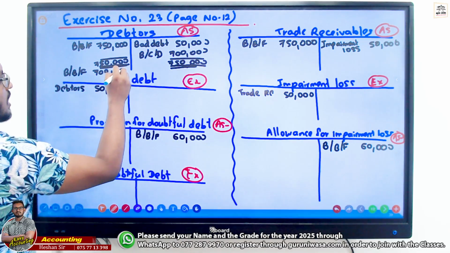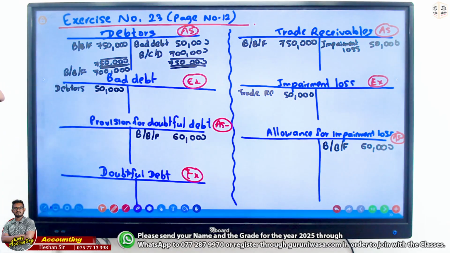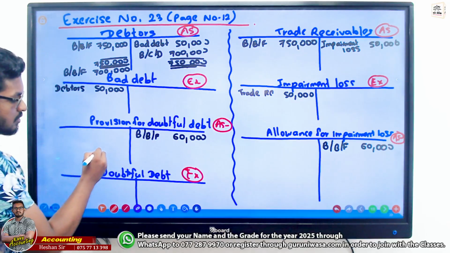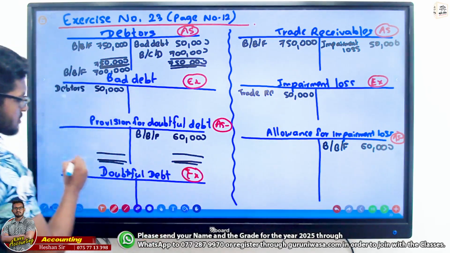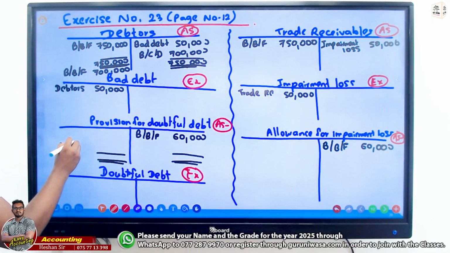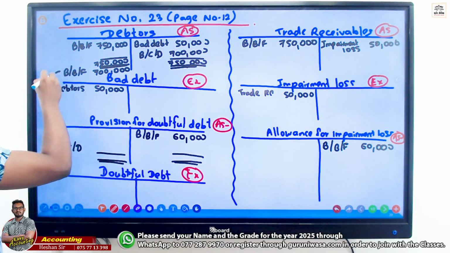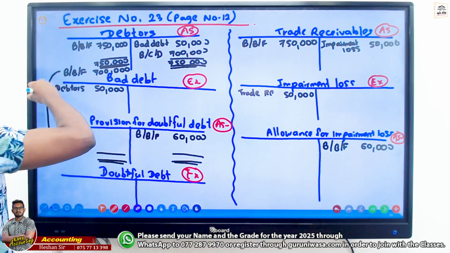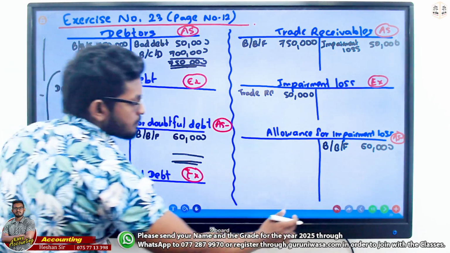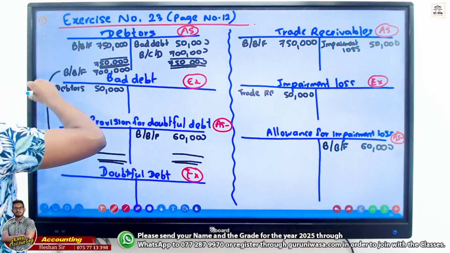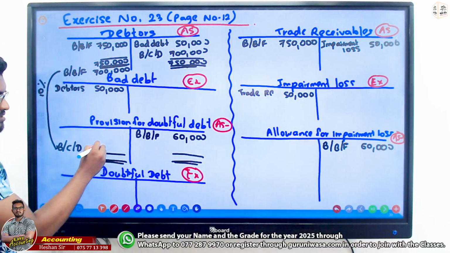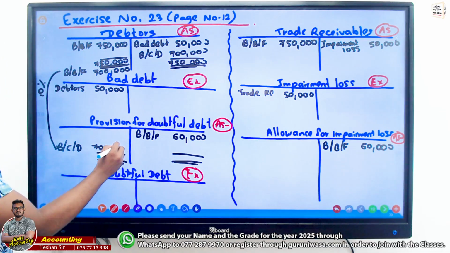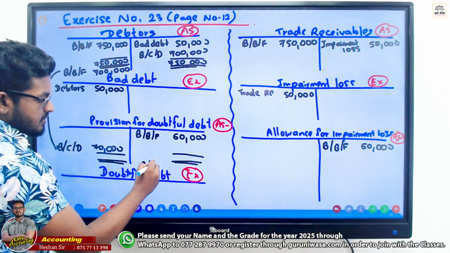From this you need to identify 10%. 10% means how much? It's 70,000. Send me a thumbs up if it is clear. BCD, BBF 70,000.